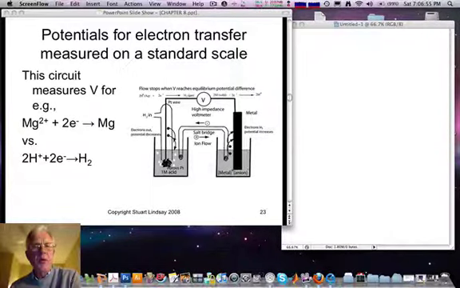So now the molecular hydrogen on the surface of the platinum is held in equilibrium with protons in the acid. The reactions that occur then are the reduction of protons in the acid to form molecular hydrogen on the electrode. That's this reaction shown here.